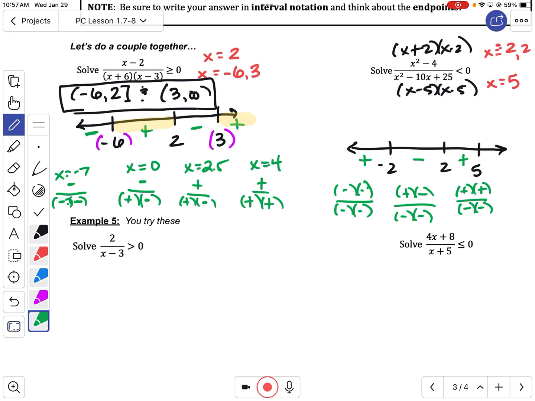A 6. So 6 plus 2 is positive, 6 minus 2 is positive, and then I'd get a positive and a positive. So I end up with a positive. So there's one of the ones where it didn't switch.